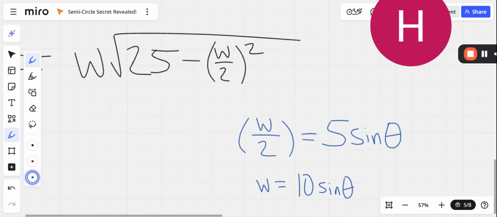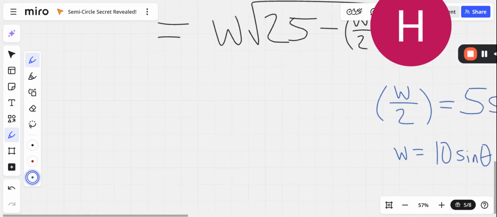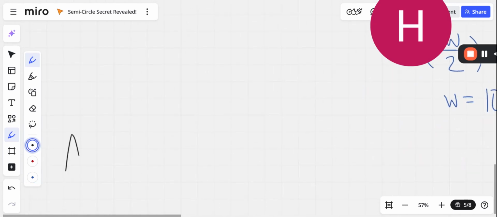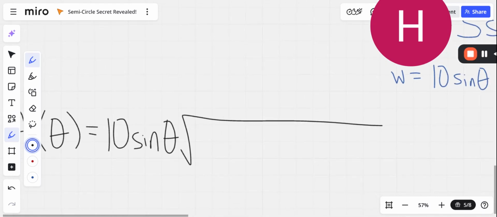Let's use this substitution, plug that into the area equation, and then we'll have an area formula in terms of theta. So now we can call this A of theta equals 10 sine of theta times the square root of 25 minus 25 sine squared of theta.